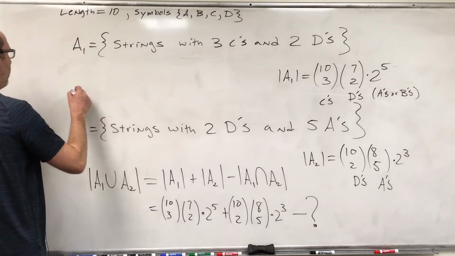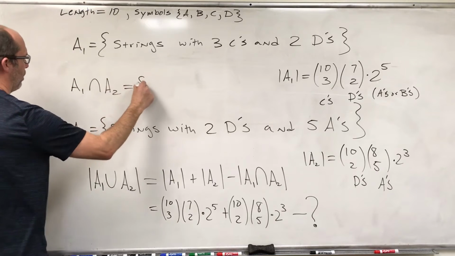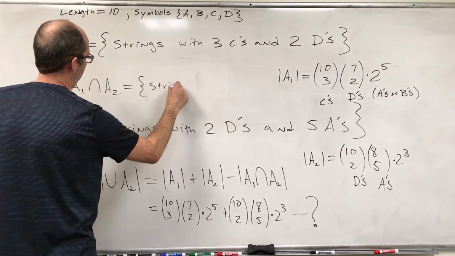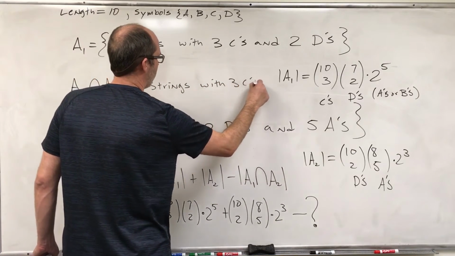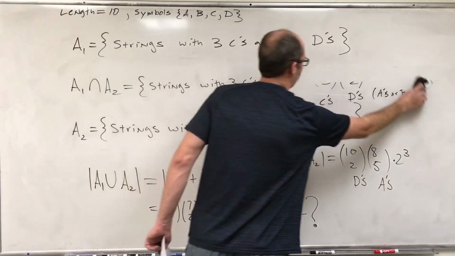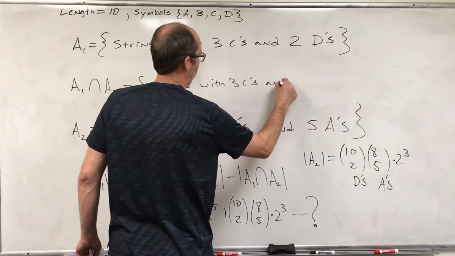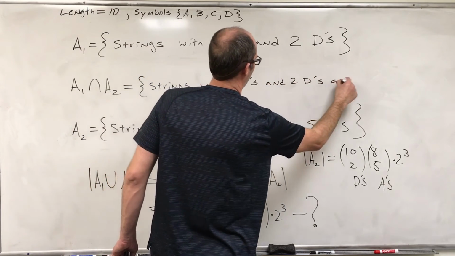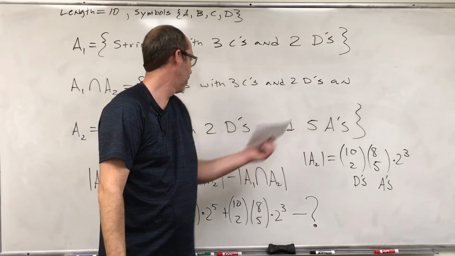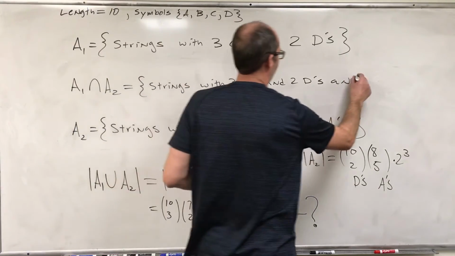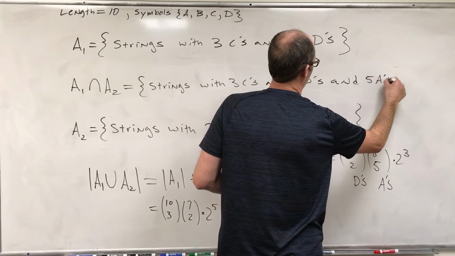So A1 intersect A2 would be strings with 3 C's, and 2 D's, and 5 A's. We could say 'and 2 D's' again, but there's no point, because we've already said it here. That's a little redundant.